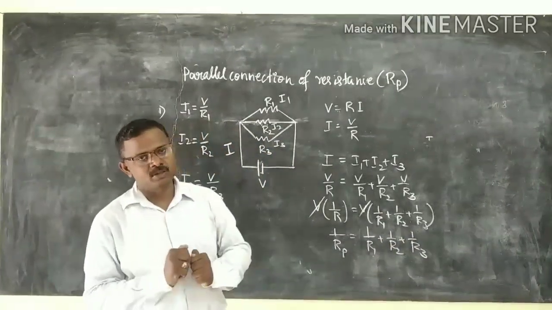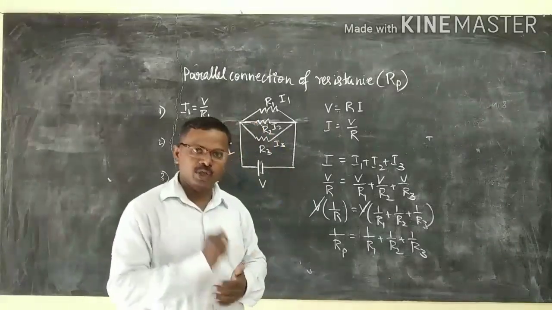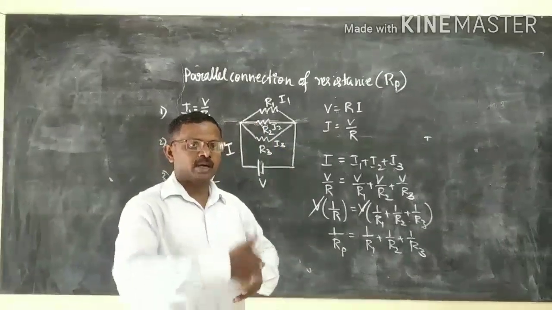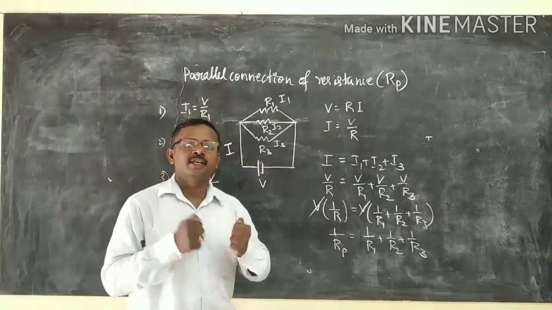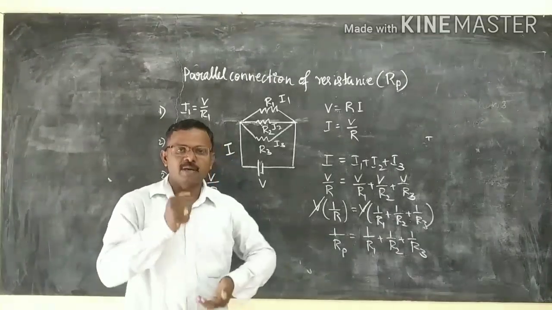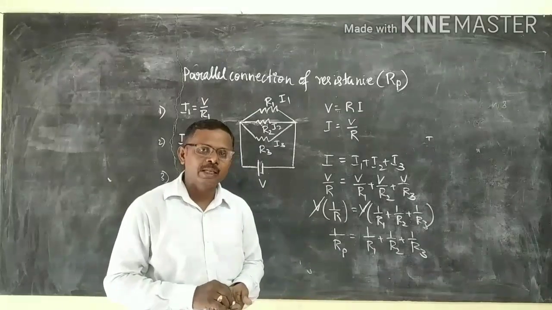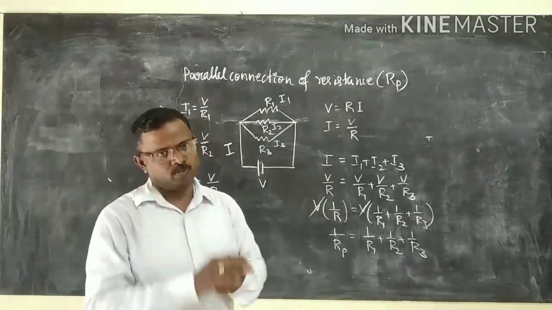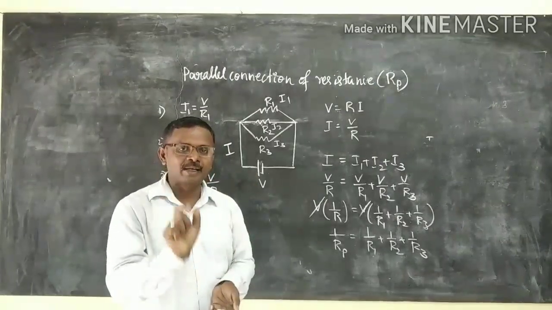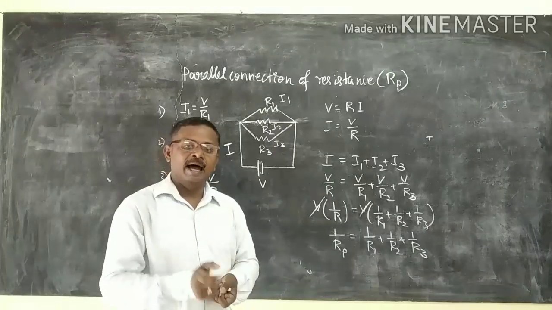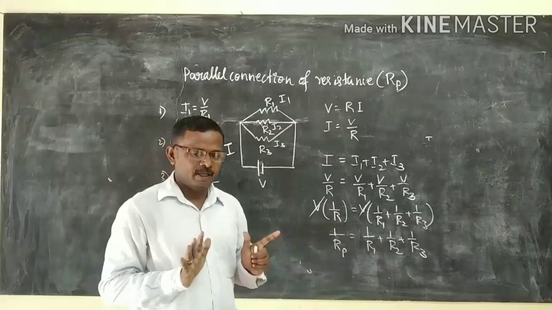What type of connection do we have to opt for? I am taking 3 resistors having values 1 ohm, 2 ohm, 4 ohm connected in series and parallel, and calculating the net resistance. At that time our doubt will be clear. Okay, let us do it.